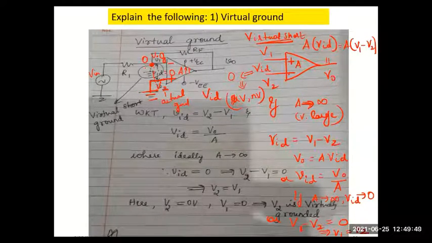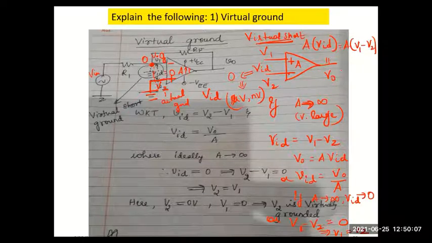And remember, when I consider VID as 0, it is not practically 0. You cannot get something out of nothing. There has to be some input to get some output.